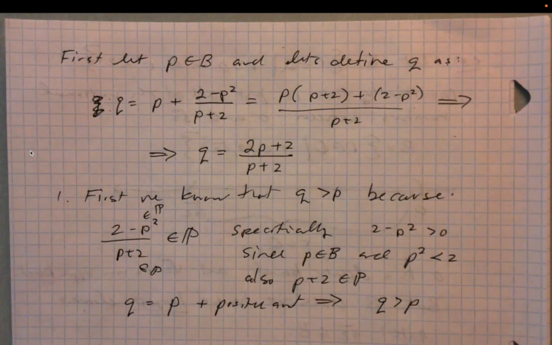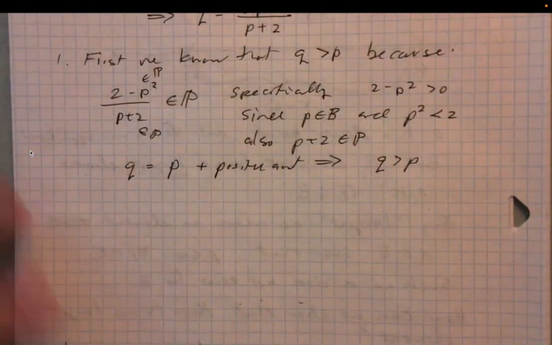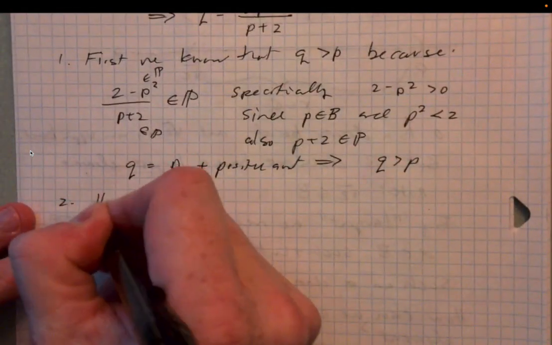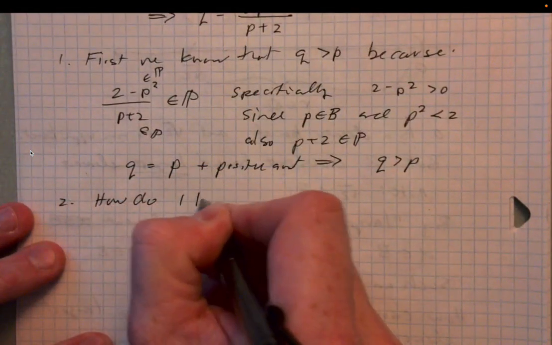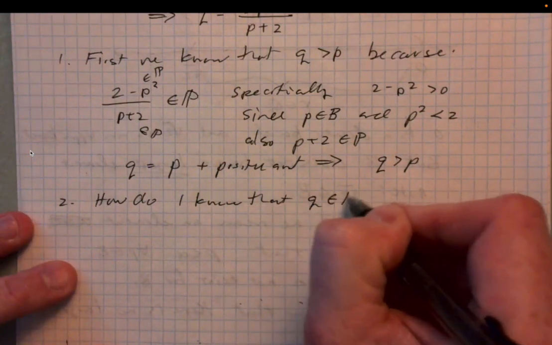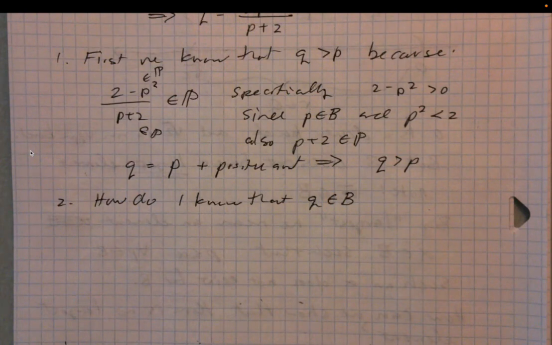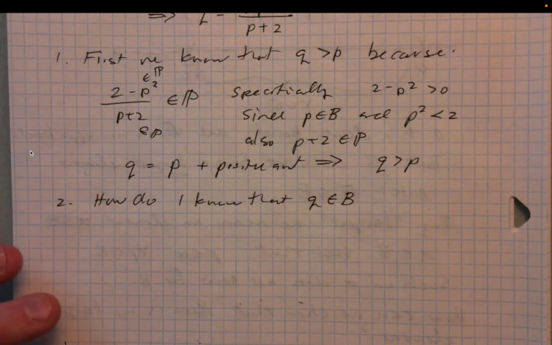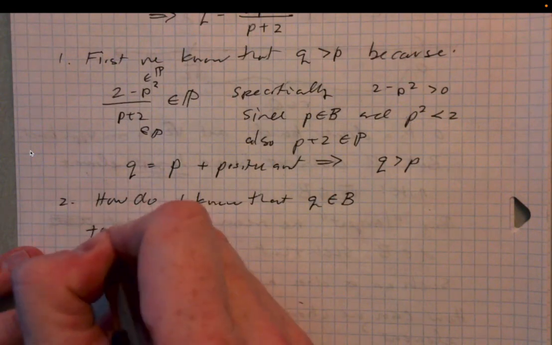What about, how do I know that Q is in B? How do I know that Q is a member of this set B of rational numbers between 0 and the square root of 2? Well, for that we have to do a little bit of work, but it's nothing we can't handle.